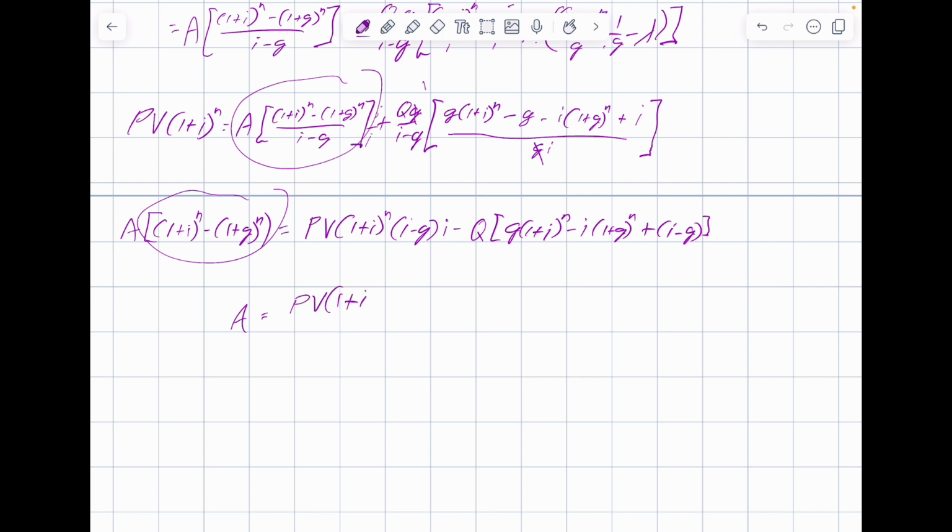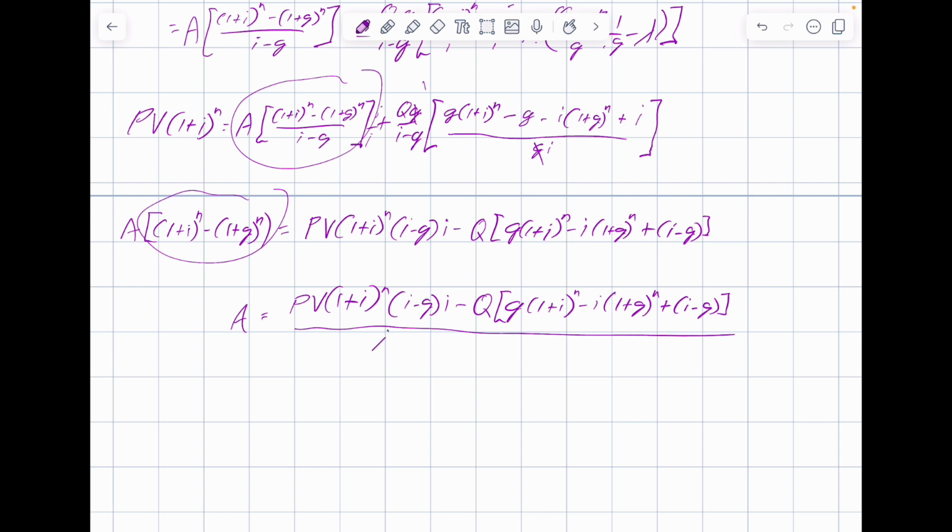That'll give us A equals PV 1 plus I to the n, I minus g times I minus qg 1 plus I to the n minus I 1 plus g to the n plus I minus g, all over I. Actually, all this was over I, right?